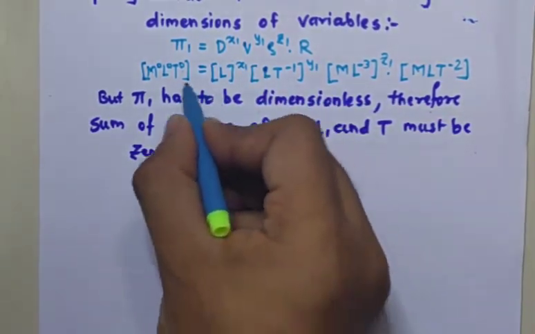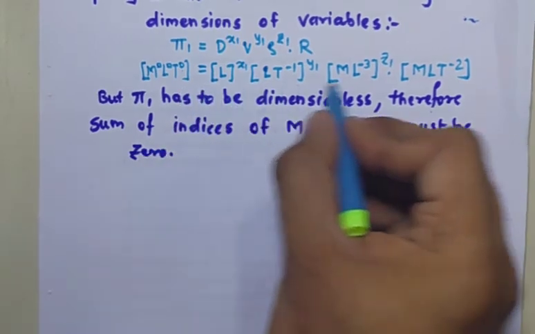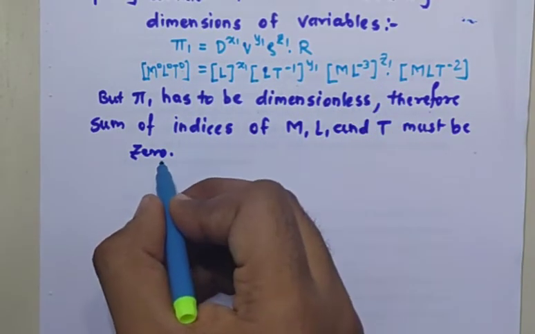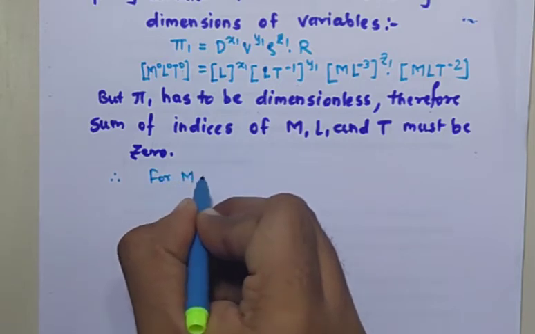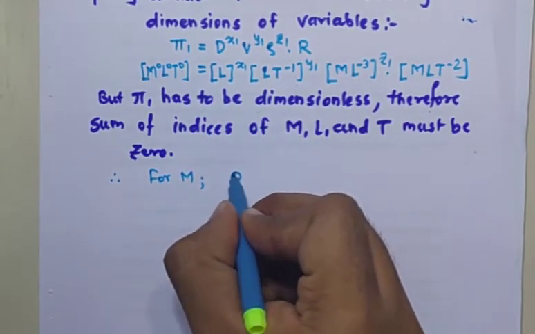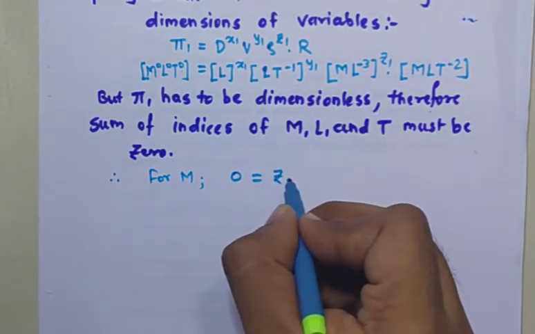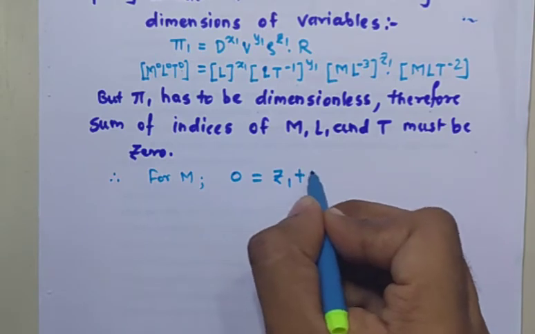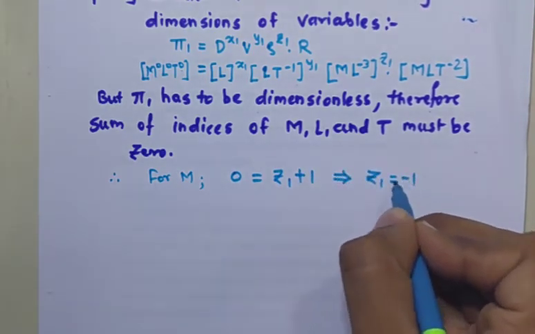So therefore equating these indices for all fundamental dimensions equal to 0. So therefore for M, 0 is equal to z1 plus 1. So this implies that z1 is equal to minus 1.